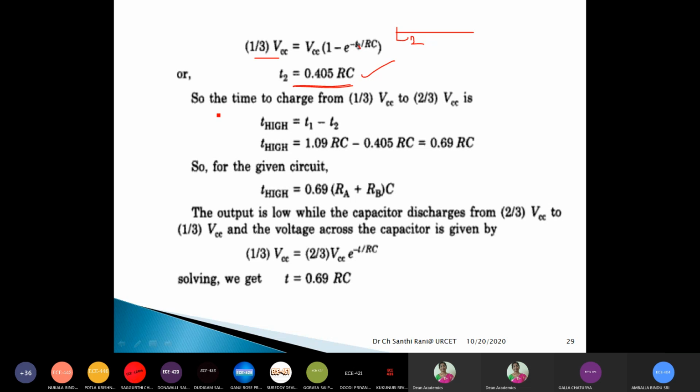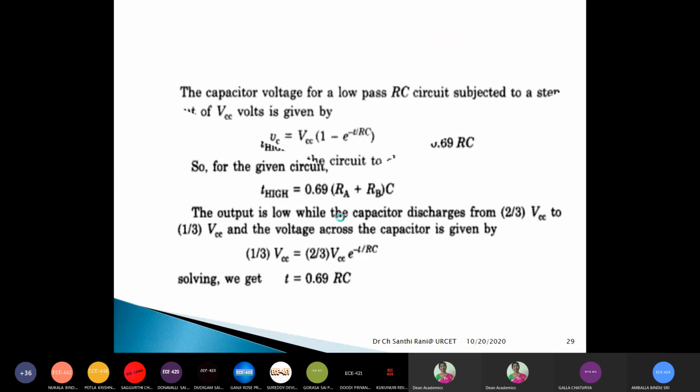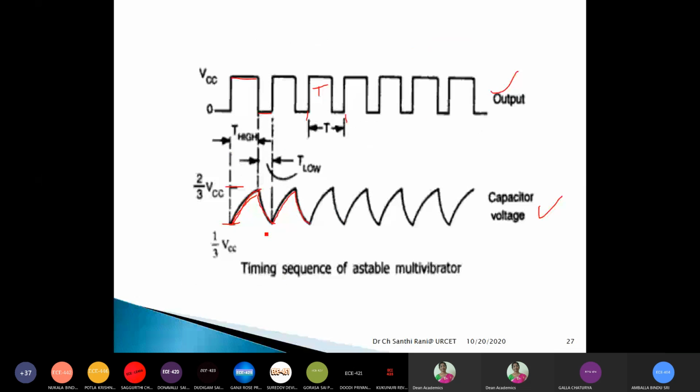Now let us see what is the time to charge from 1/3 VCC to 2/3 VCC. Why do we want to charge from 1/3 VCC to 2/3 VCC? Because the time from 1/3 VCC to 2/3 VCC is the time the output is high, so let us call it T high.